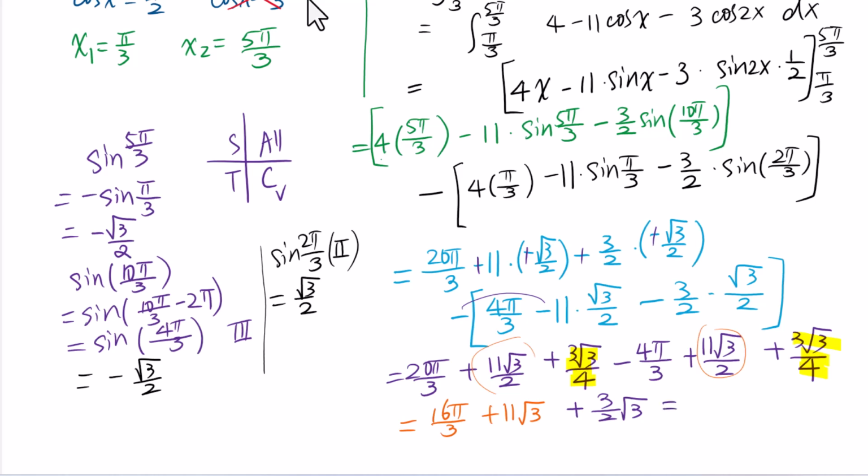So the final answer is 16 pi over 3 plus 25 over 2 square root of 3.